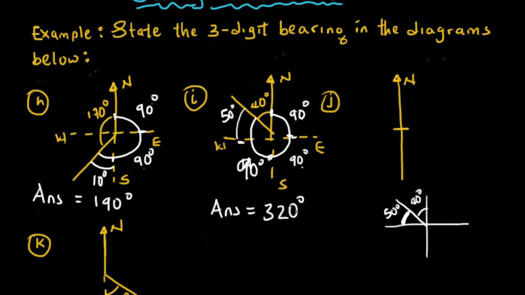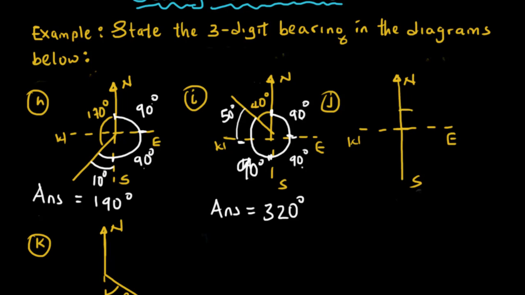Do you understand? Let's take J. So remember, the first thing you want to complete the diagram. So we go east, south, west. Does this make sense? Now the second thing, remember the rules. Move from the north and move clockwise.